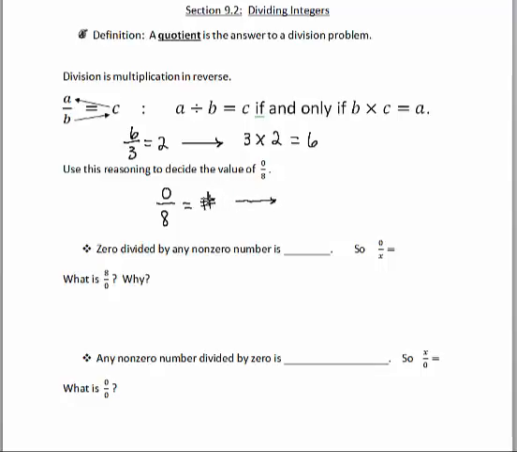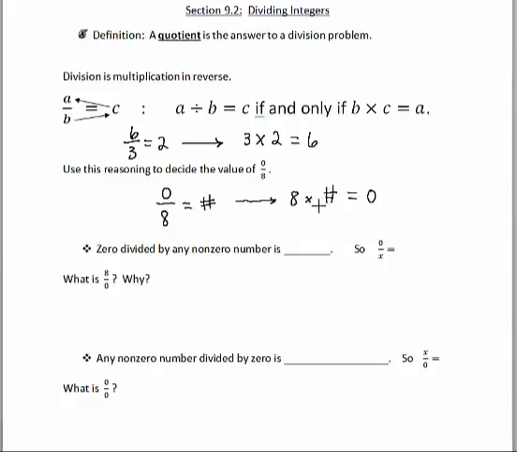Okay, it may help to translate it into a multiplication problem. So what did I do up here with the 6 divided by 3 equal 2? Well, I took the denominator of the fraction, the division, and I multiplied it by the right side of the equation. So in other words, I would get an 8 times some number equals 0.